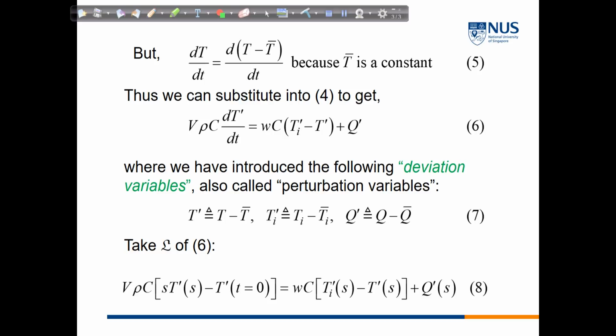So we got this whole equation in the S domain. Only this T prime initial condition is a deviation, so this term is 0. It can be reduced. And the other terms can be further rearranged to form the specific format.